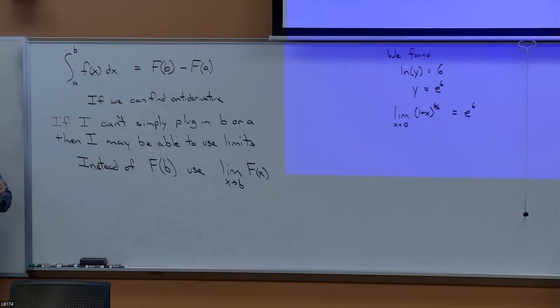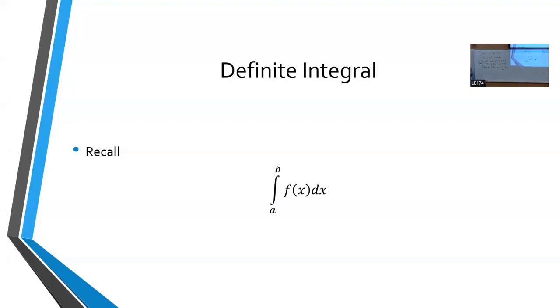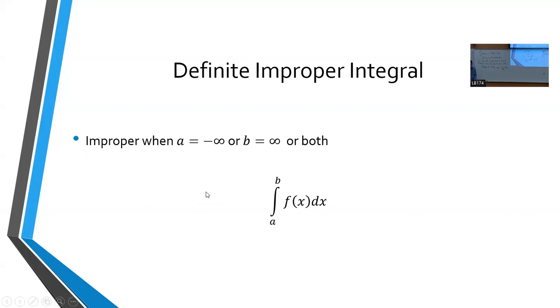And this is always going to be required if a or b is infinity. So we get what's called an improper integral when a or b is positive or negative infinity, or both of them are infinity, one negative, one positive.